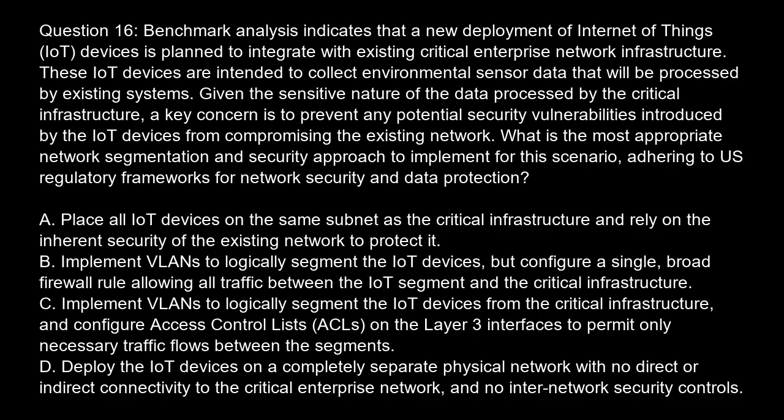Option C. Implement VLAN to logically segment the IoT devices from the critical infrastructure and configure access control lists, ACL, on the Layer 3 interfaces to permit only necessary traffic flows between the segments. Option D. Deploy the IoT devices on a completely separate physical network with no direct or indirect connectivity to the critical enterprise network, and no internetwork security controls.